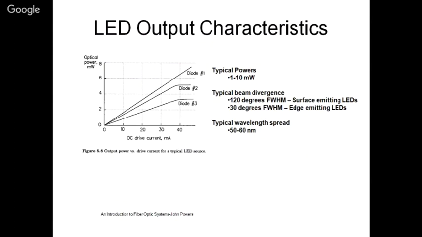So if we look at the LED output characteristics, as you increase the voltage or the drive current, more and more light is emitted. That is, you get brighter light. And we have different diodes in which, at a certain range, the brightness will not increase but will come to a plateau, like diode 2 and diode 3.